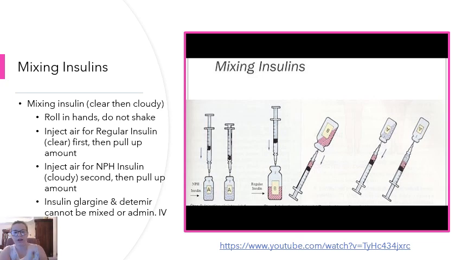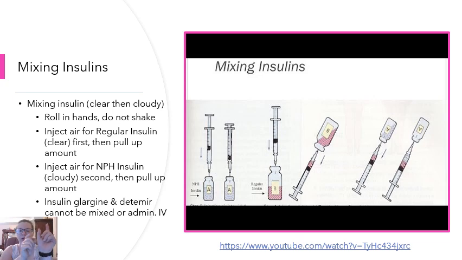You inject your air into the regular insulin first, and then pull out your amount that you want of the regular insulin, and then tip up and pull back the air amount that you want for your cloudy, so usually your NPH insulin, and then put it into your NPH vial and inject the air, then pull back the amount that you want so that you know you have the total amount of how many units of insulin that you need.